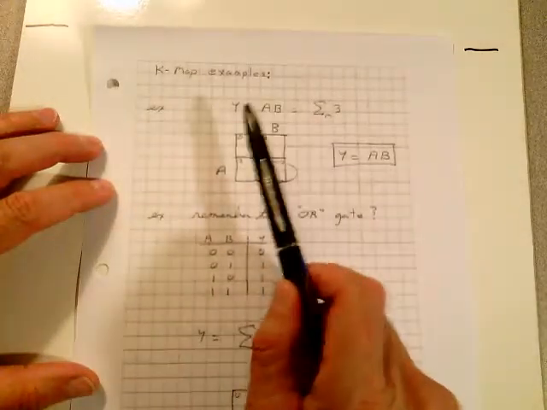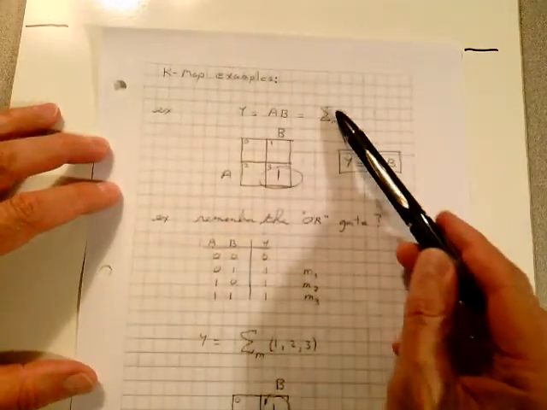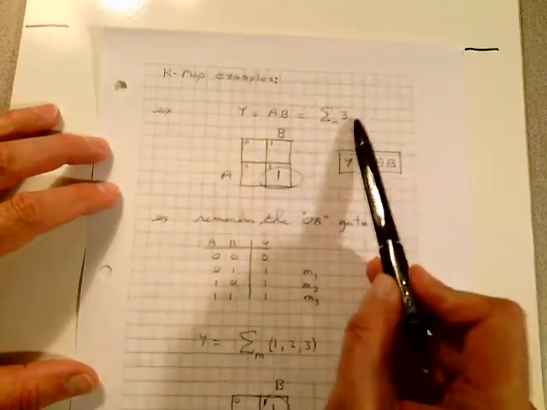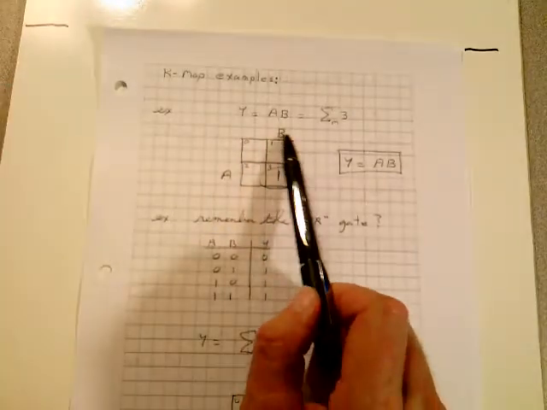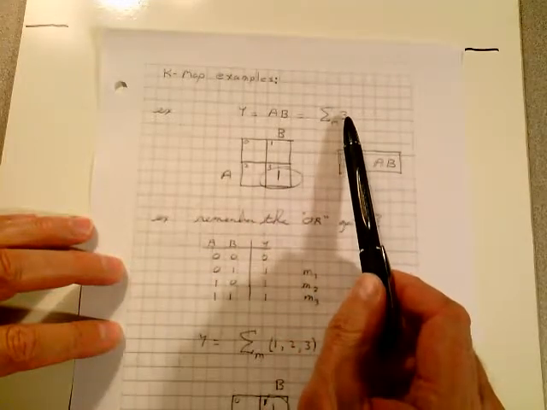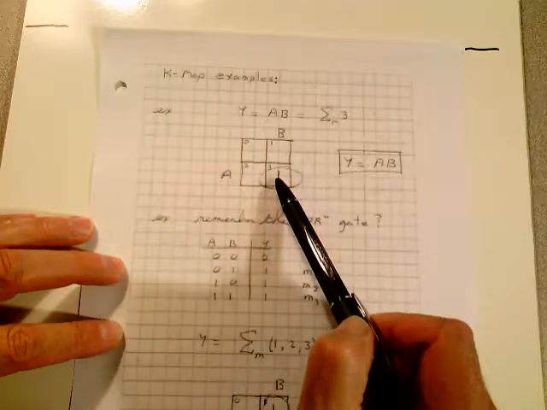First example, y equals AB. In the minterm form, it's a sum of the minterm 3. So I want you to notice there are two inputs, A and B. Okay? You use a two-variable map, and you put a 1 where the 3 minterm subcube is, which is here.